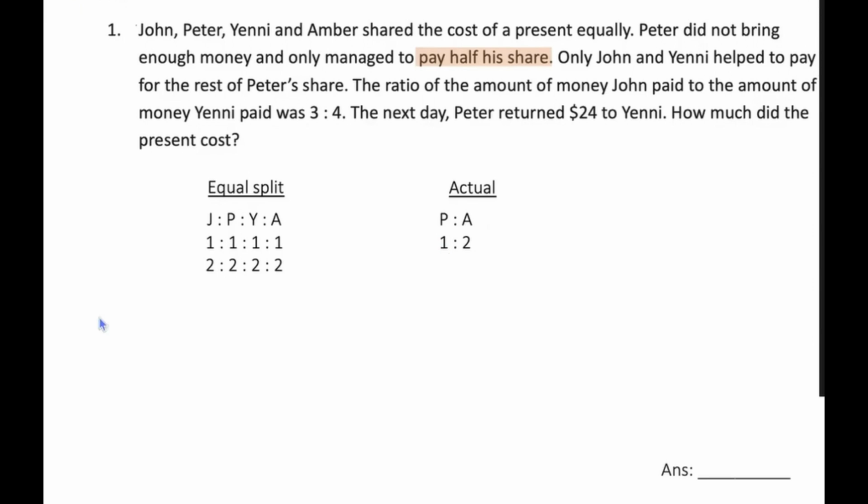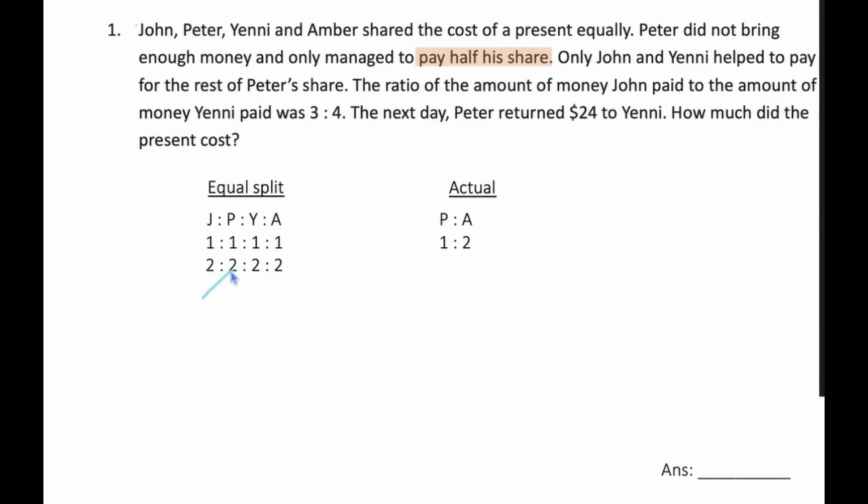Okay? Now, what about John and Yenny? John is 2, Yenny is 2. But there is 1/2 of Peter's share which is paid by John and Yenny. John and Yenny have to pay the rest of Peter's share. So if you look at it this way, let me show you. So this is Peter's share, right?